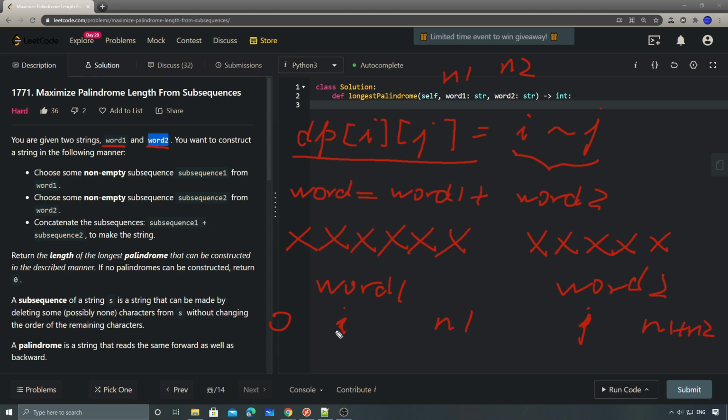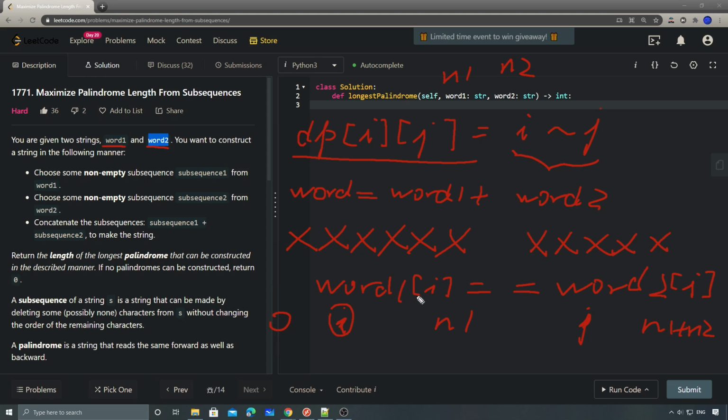And as long as the letters word 1[i] and word 2[j] are the same, then we can just use similar logic to when we calculate dp here.